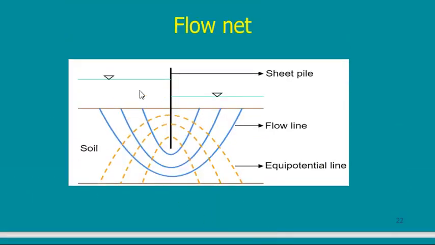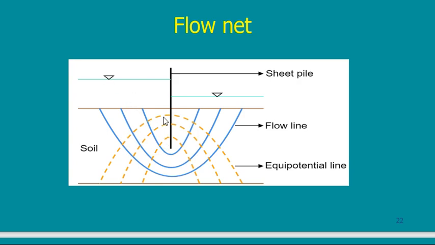If I am drawing the flow lines here, I should draw them regardless of the type of soil. To draw this, I don't have to tell you that this is sand or this is clay. You can draw it without knowing the type of soil. You can draw it without knowing the head of water. If it is just a drawing, and you don't know the value of the head of water, you can draw it.